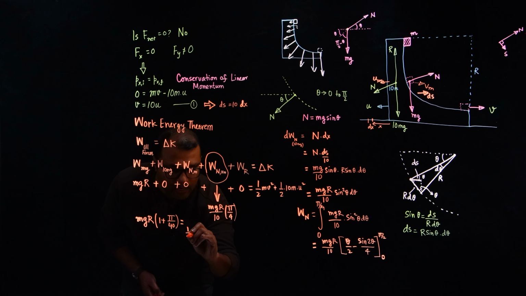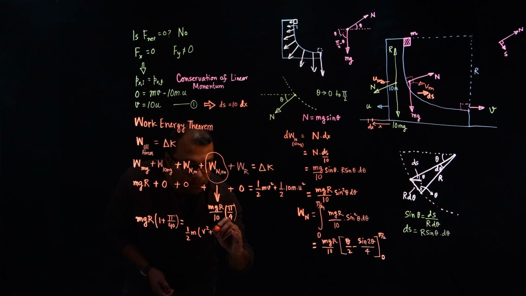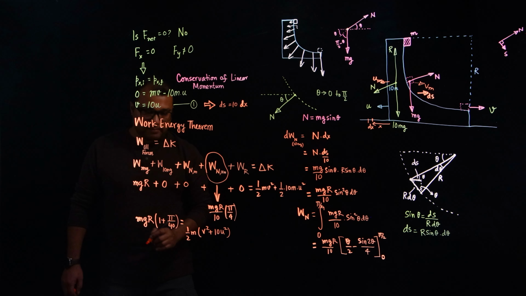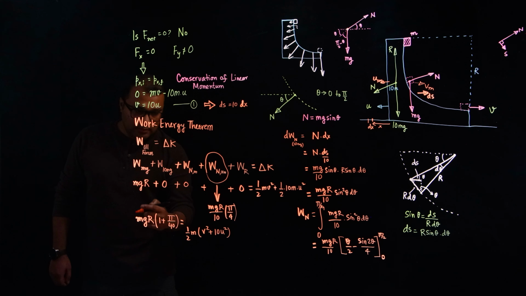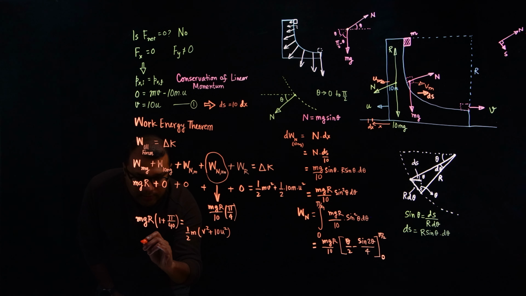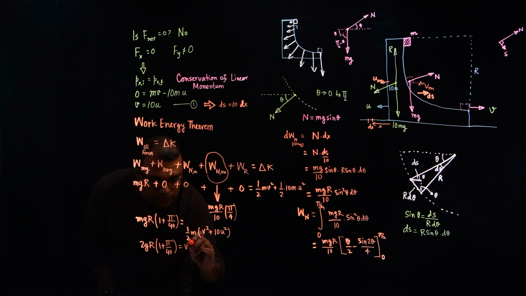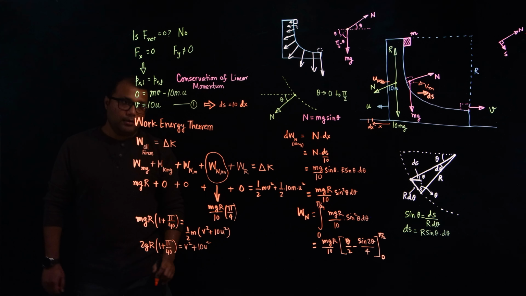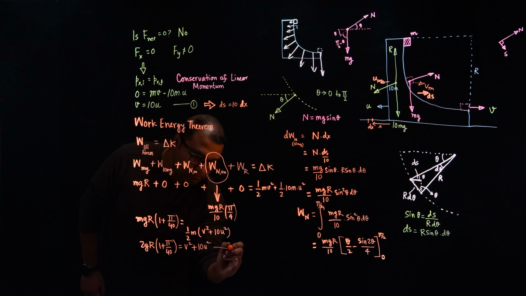Let's say half m, if we take the constant, times (v square plus 10 u square). M and m get cancelled. Let's move 2 to the other side. So 2gr times (1 plus pi by 40) gives us v square plus 10 u square. So this is equation number 2.